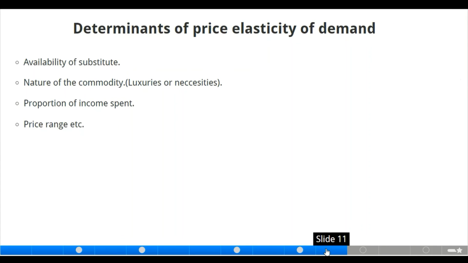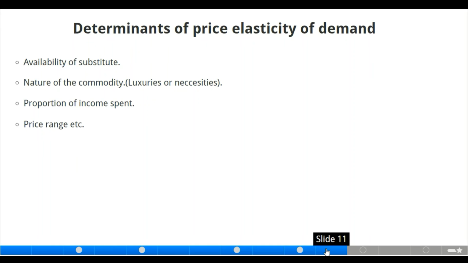Moving to the next slide, we have the determinants of price elasticity of demand. We have availability of substitutes, nature of the commodity, proportion of income spent, and price range. The main factor that determines whether demand is elastic or inelastic is the availability of substitutes of a similar quality and price.